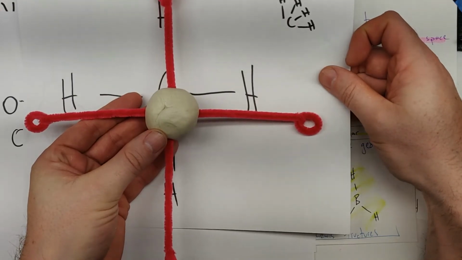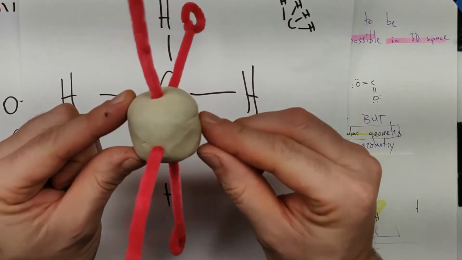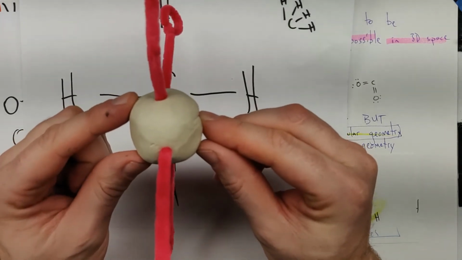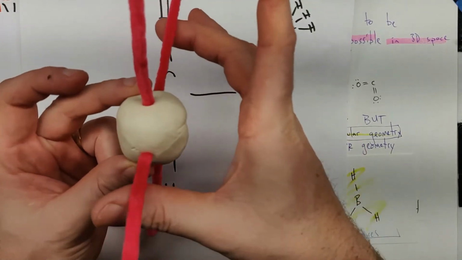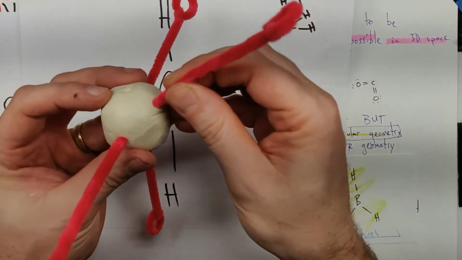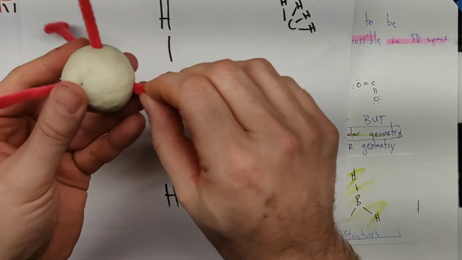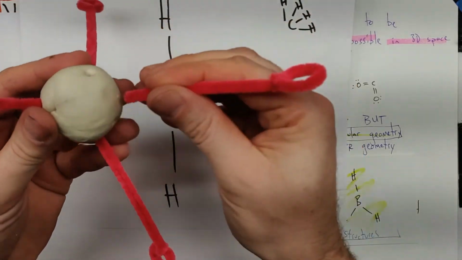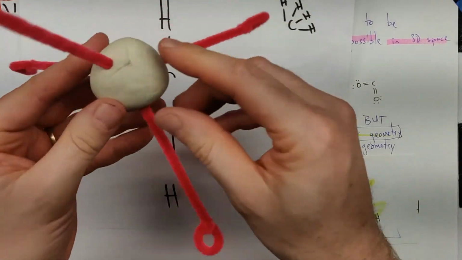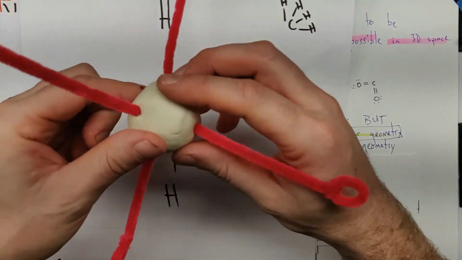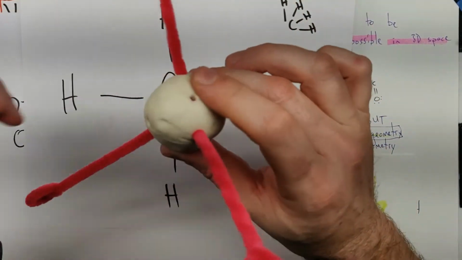In reality, all of this space on each side of the carbon atom gets wasted, and it becomes energy efficient as these two squeeze. Then this one pops out of plane a little bit, this one pops out of plane a little bit, and then we get things that are, instead of 90 degrees apart, about 109.5, and it's uniform in all directions. And we'll write it down in a minute, but that's what's called a tetrahedral geometry.